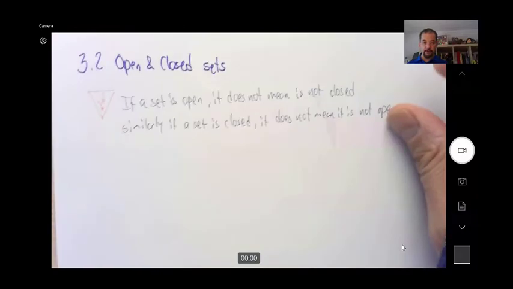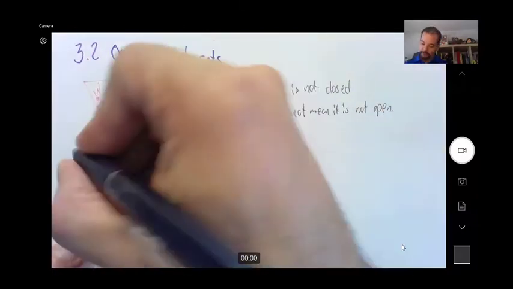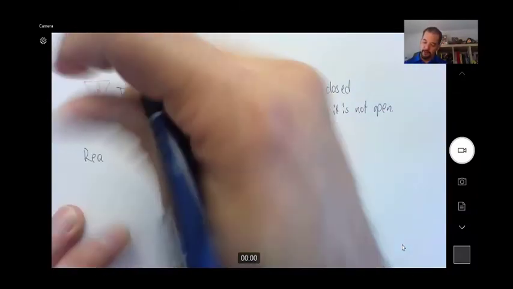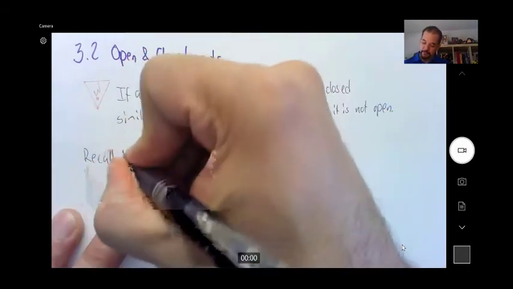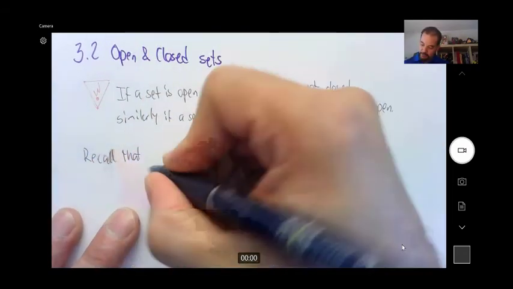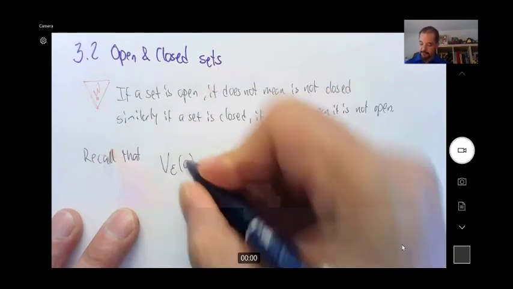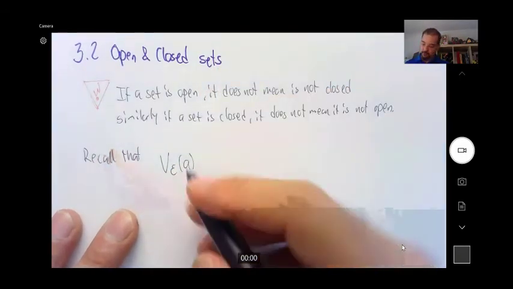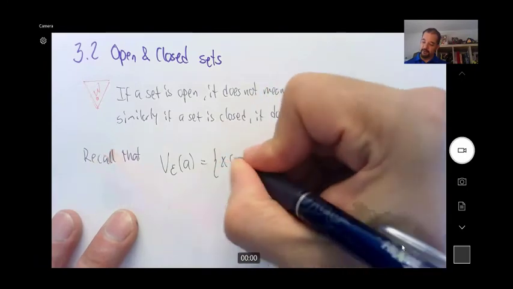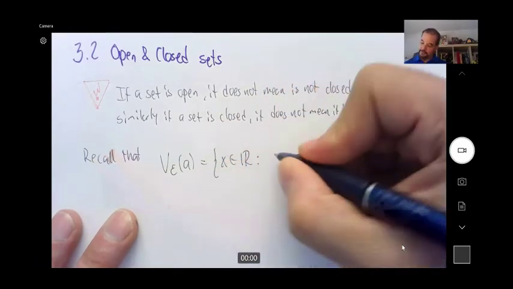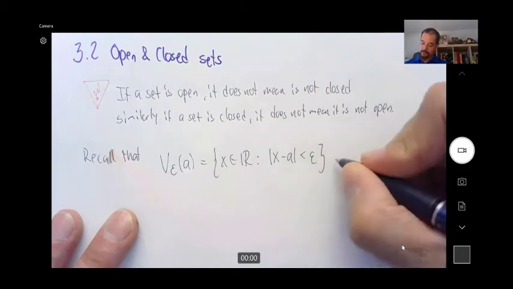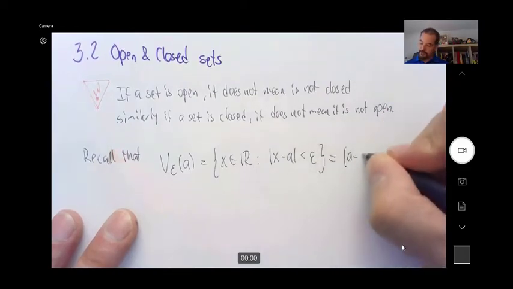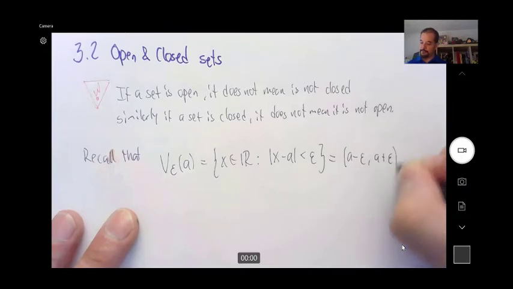Okay, so let's start with our definition. And before we start with our definition, let me recall something that we were using before, our little epsilon neighborhood. So recall that the epsilon neighborhood centered at A was the real numbers x such that the distance from x to A is less than epsilon. Or if you want, this interval, A minus epsilon to A plus epsilon.